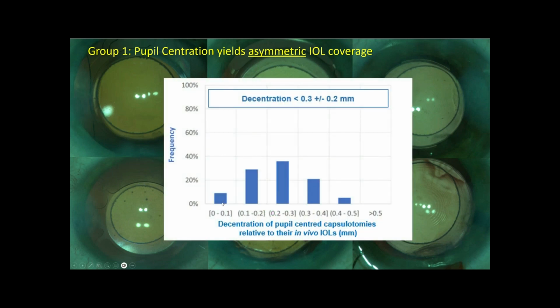As we'd expect, we can see the decentration of the pupil center relative to the IOL. With these types of capsulotomies, there is a high degree of decentration between the IOL and the capsulotomy. The average is 0.3, but there is a range. And as we go towards the edges here, 0.5, we're obviously at the edge of the range.